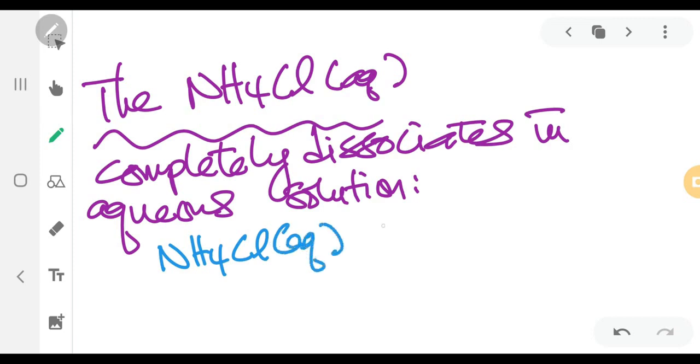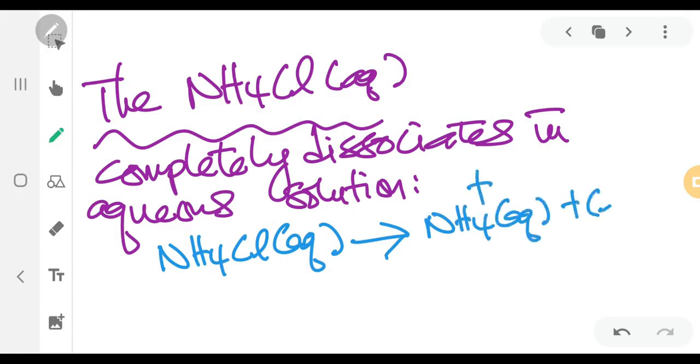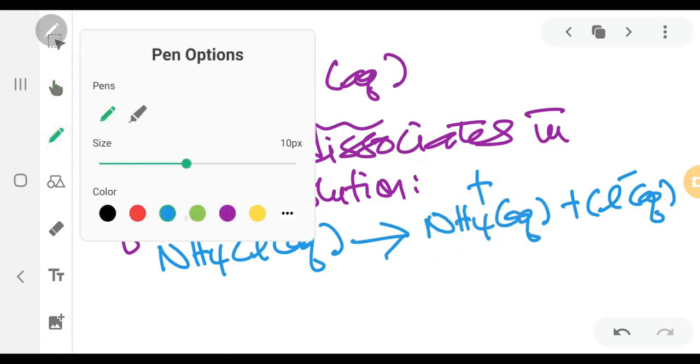NH4Cl aqueous completely dissociates to form NH4+ aqueous with the chloride ion. This is the reason why if you can find the number of moles of your salt, you can find the number of moles of your conjugate acid.